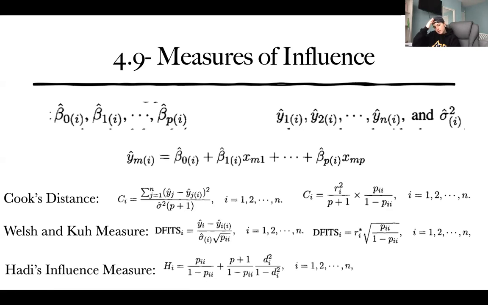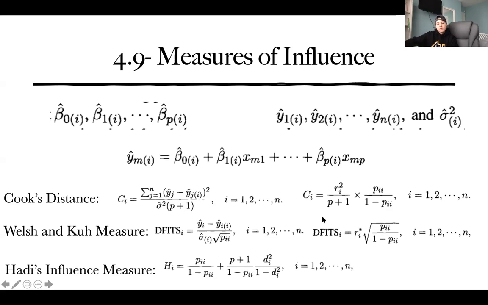So our DFFITS sub i is going to be found by doing our y sub i hat minus y sub i sub i hat all over our sigma hat sub i times our radical with our p sub i value from earlier. And this is the scaled difference between the ith fitted value from the full data and the ith fitted value from the deleted ith observation.